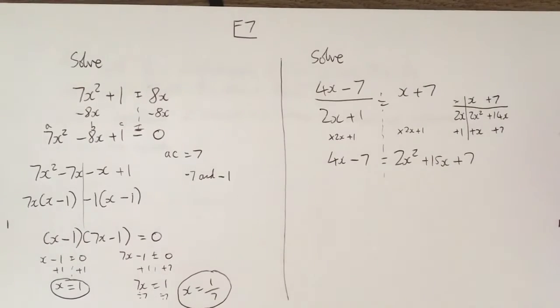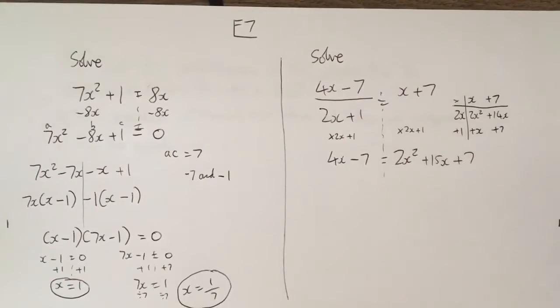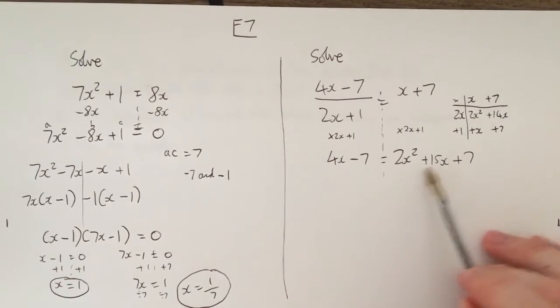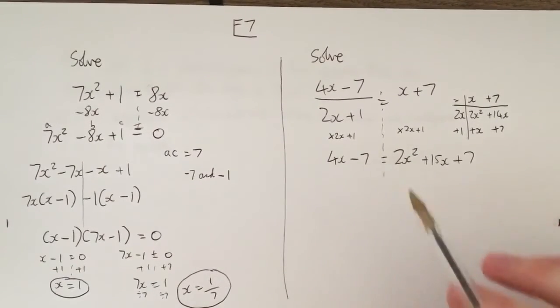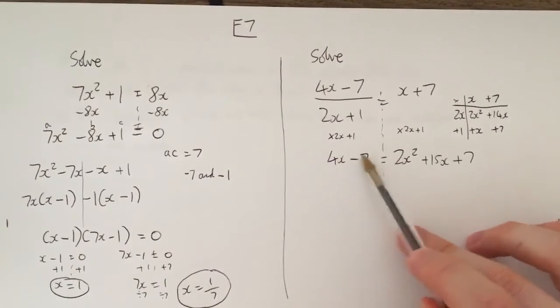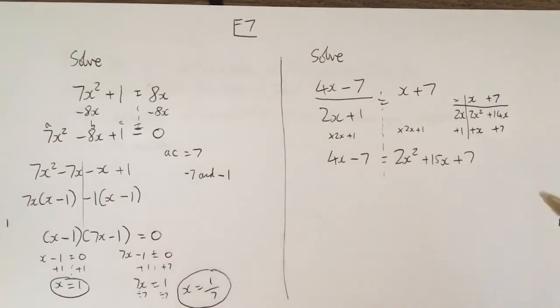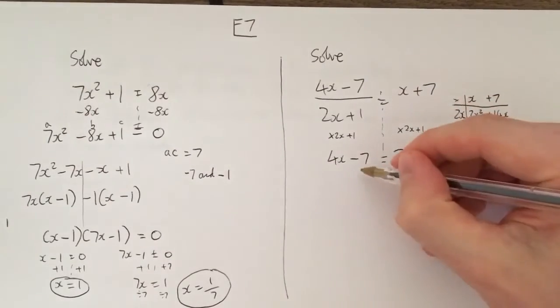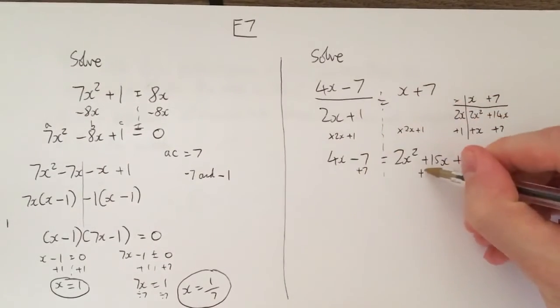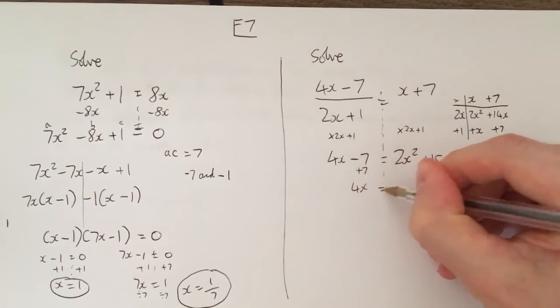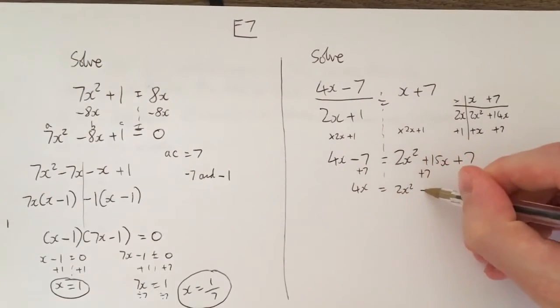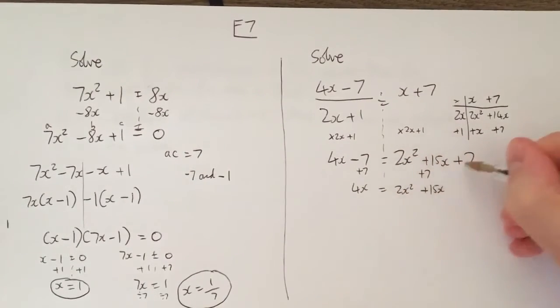Now I look at that and say to myself, I need it to equal 0 if I want to solve it, because it's a quadratic. I can put all of that on that side to equal 0, or I could put this on that side to equal 0, because as long as it equals 0 on one side, it doesn't matter. So I could add 7 first, so 4x equals 2x squared plus 15x plus 14.